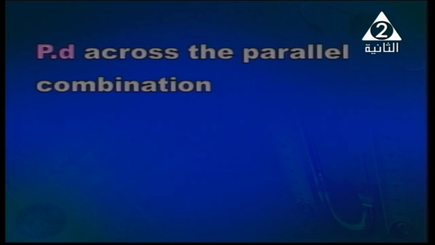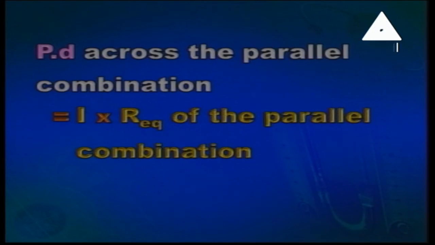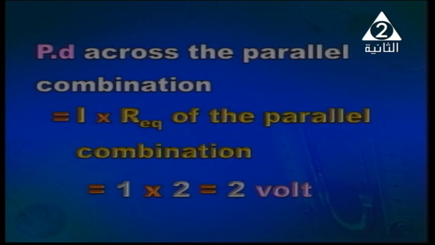To calculate I1, I2, I3, we need to calculate the potential difference across this parallel combination. It is equal to I, the current entering the parallel combination, times R equivalent of this parallel combination. So it is 1 times 2, it is 2 volts.